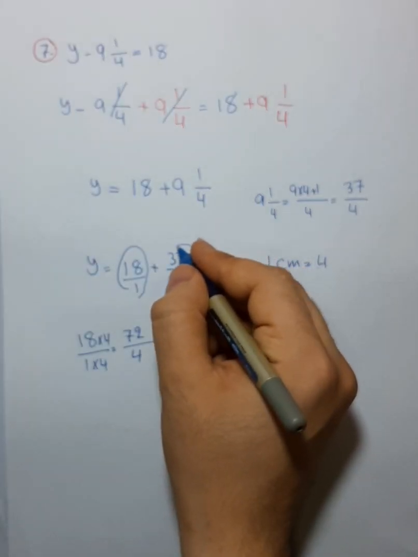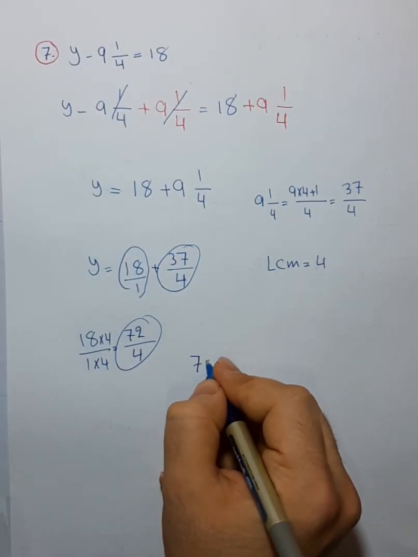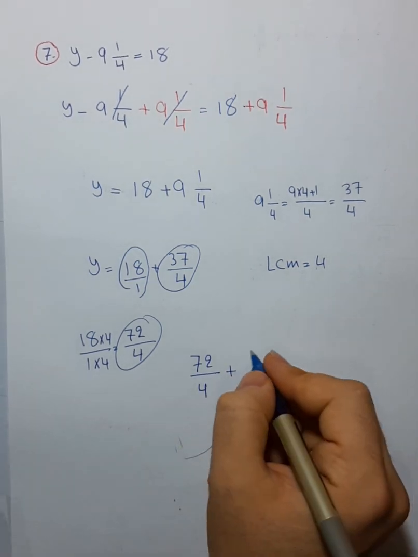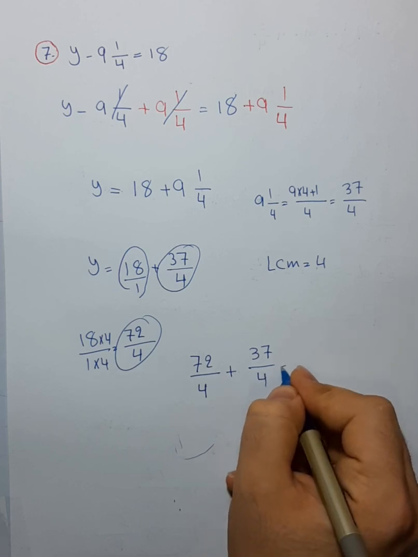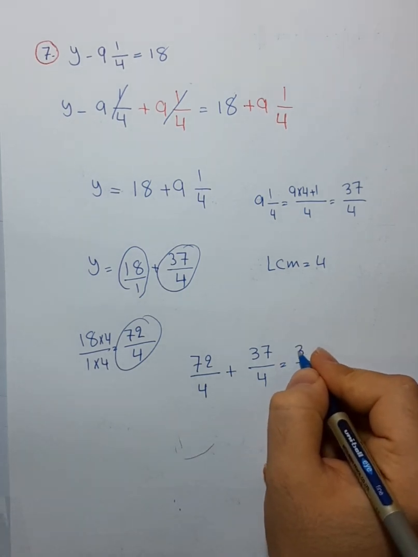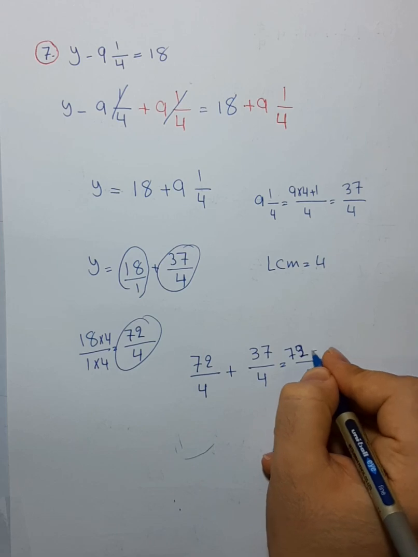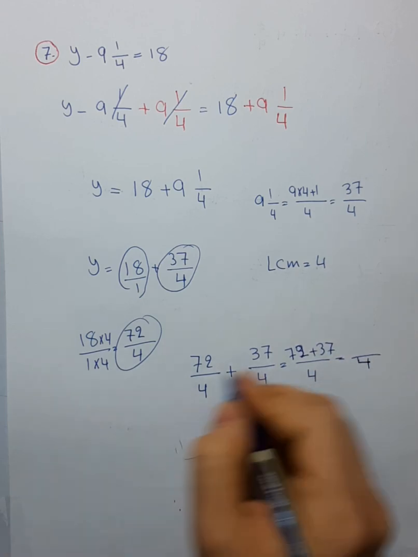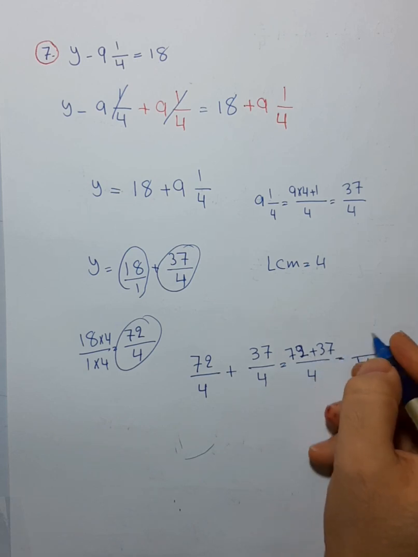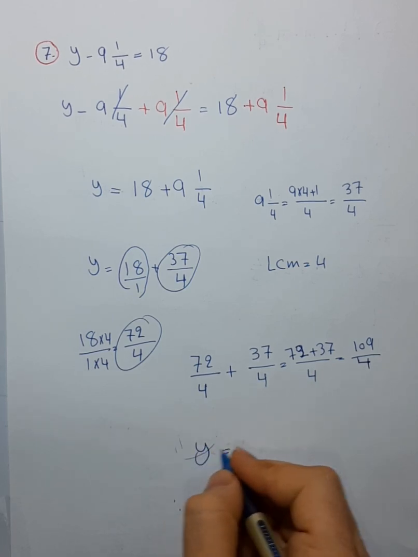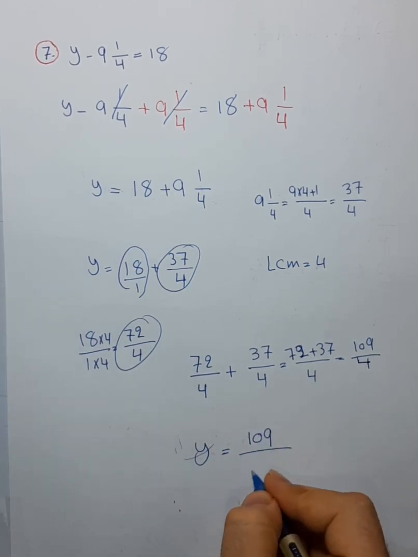Now we have these two fractions, 72 out of 4 plus 37 out of 4. 72 plus 37 equal to 109. So y equal to 109 out of 4.